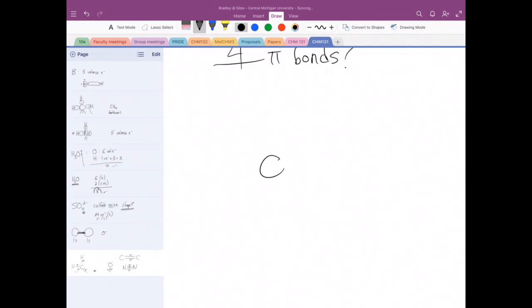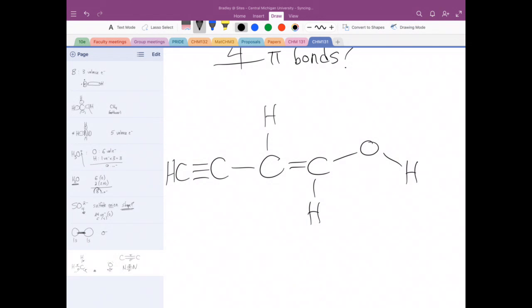The other one would be, what are the hybridizations of things? Let's make one up here. I needed a hydrogen there. And so I might ask, what is the hybridization at these different centers?